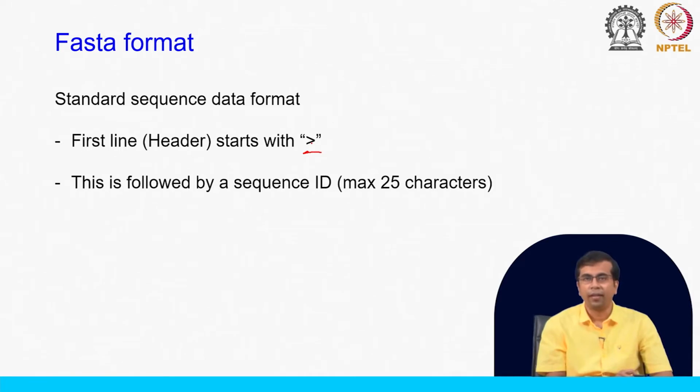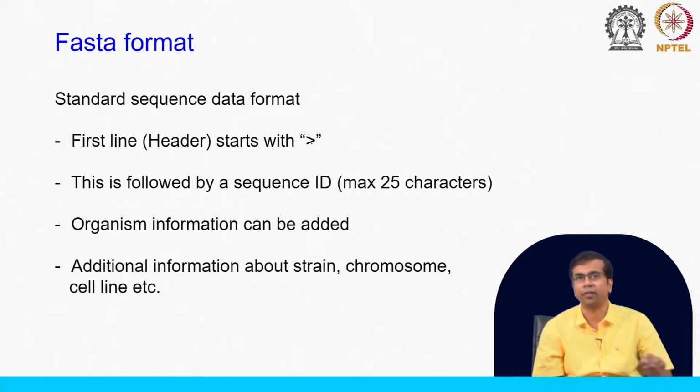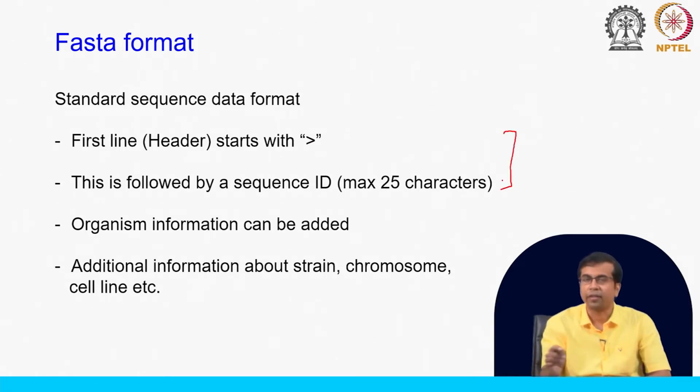This greater than sign is followed by a sequence ID, which is usually a maximum of 25 characters. So, it could be anything that you want to put there, something that will identify your sequence. And so, these first two parts are mandatory, right. These two things would have to be there.